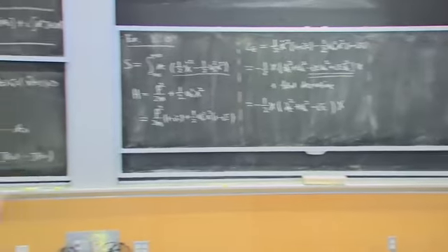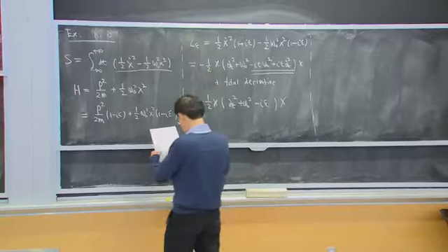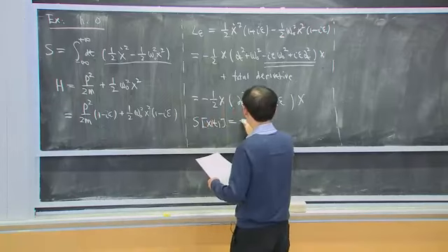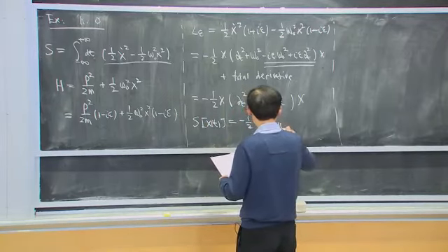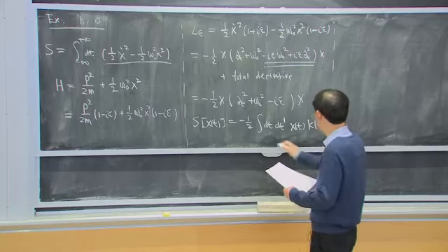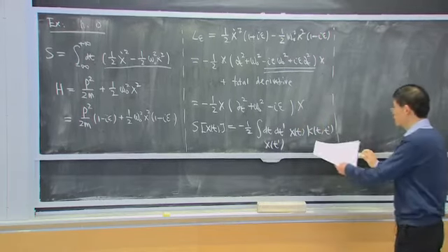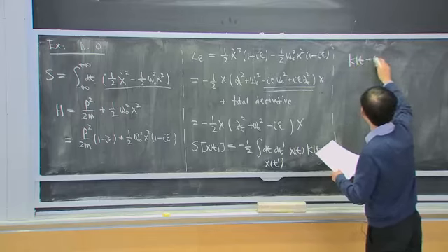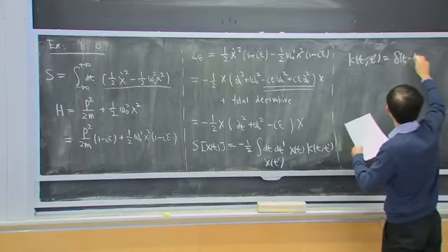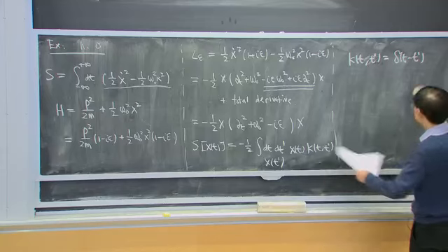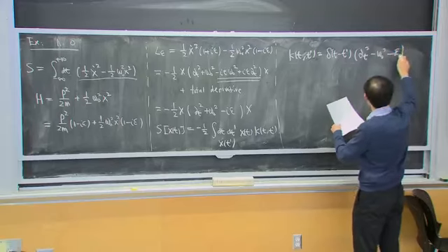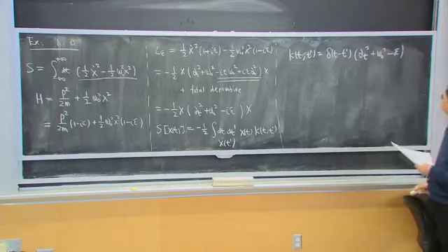Now we can write S epsilon of x(t) in the following form: minus 1/2 integral dt dt prime, x(t) K(t,t') x(t'), where K(t,t') is given by delta(t minus t') times (partial t' squared plus omega 0 squared, minus i epsilon).